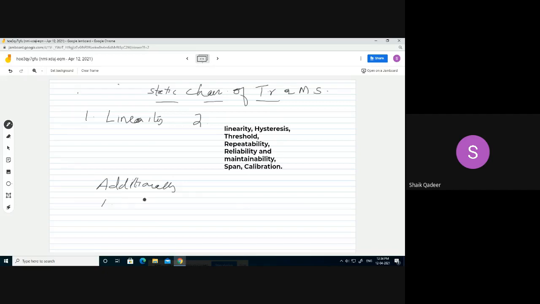First, additional static characteristics: accuracy and precision.